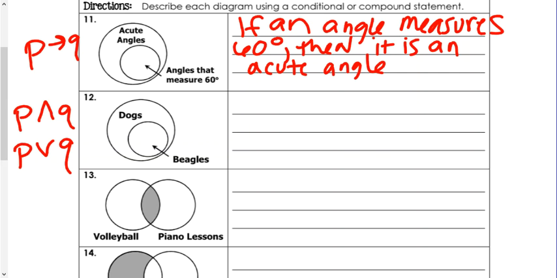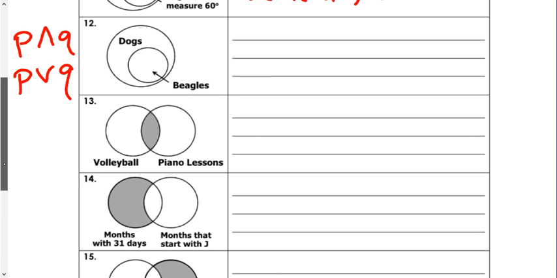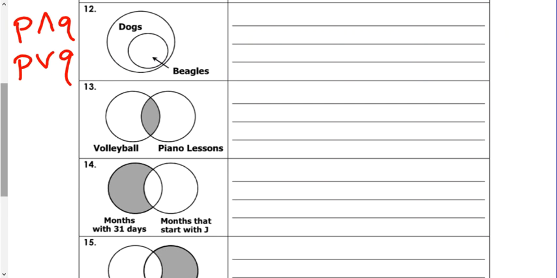Okay. I'm going to skip number 12 because you guys are going to do that on your own. Number 13, however, what we have shaded is between the volleyball and the piano.